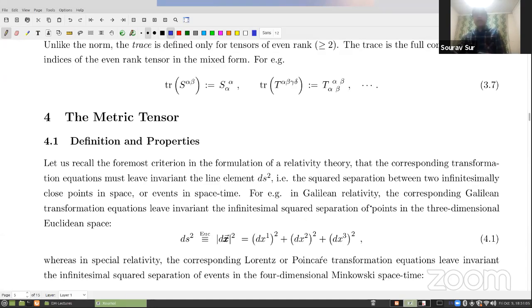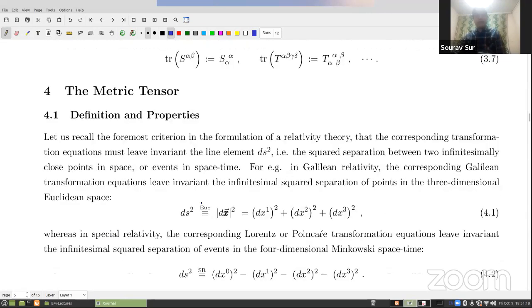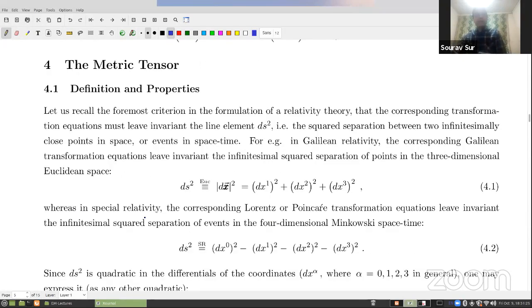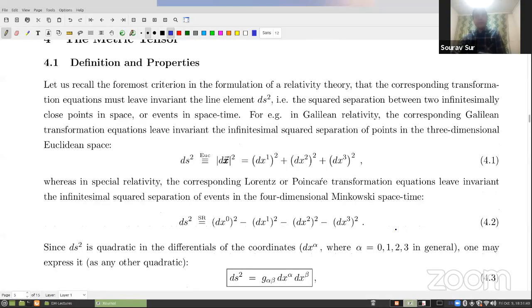For example, in Galilean relativity, the Galilean transformation equations leave invariant the infinitesimal squared separation of points in the three-dimensional Euclidean space. So this is the Euclidean spatial separation, whereas in special relativity, the Lorentz or Poincare transformation equations leave invariant the infinitesimal squared separation of events in the four-dimensional Minkowski space-time.